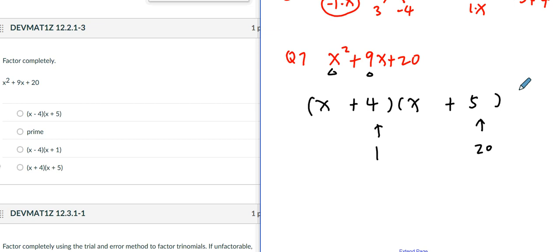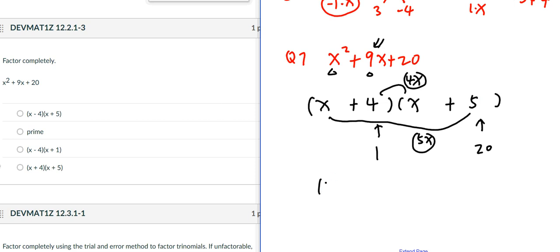And then when you see 4 times x, this gives you 4x. And here 5 times x gives you 5x. Add together, which will be 9x. And this will be our choice.